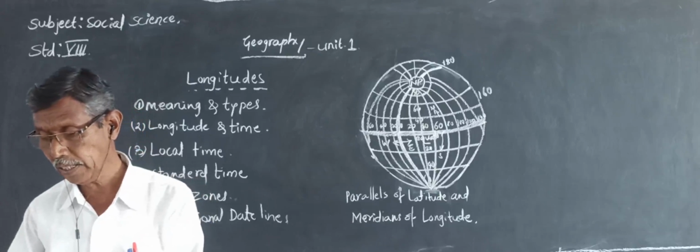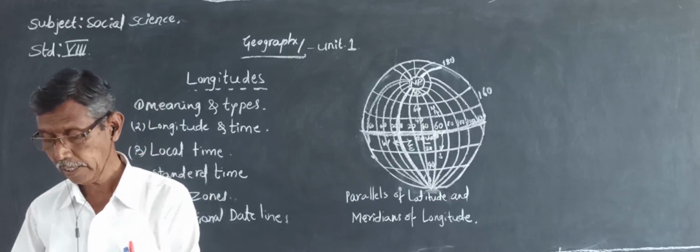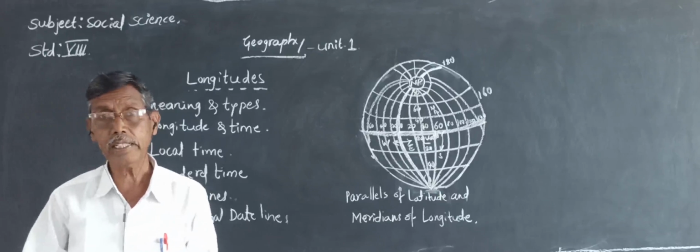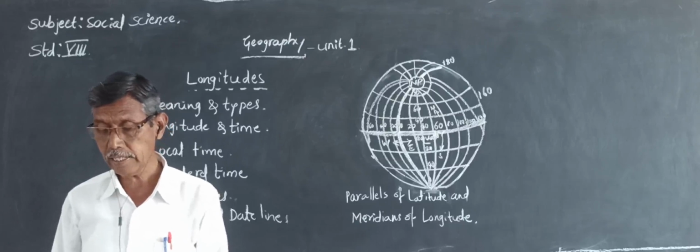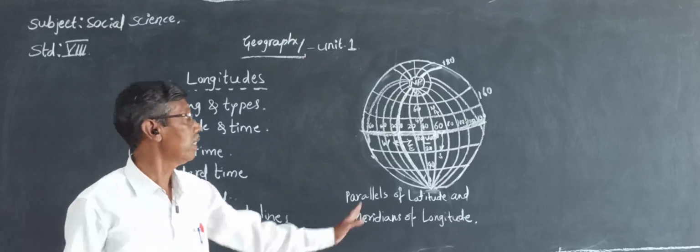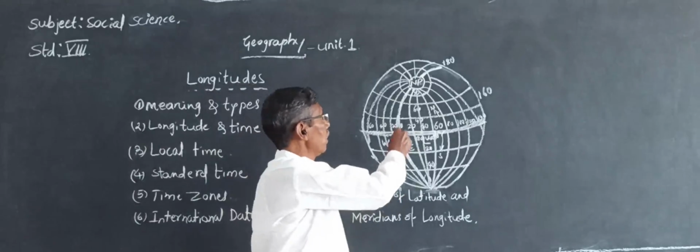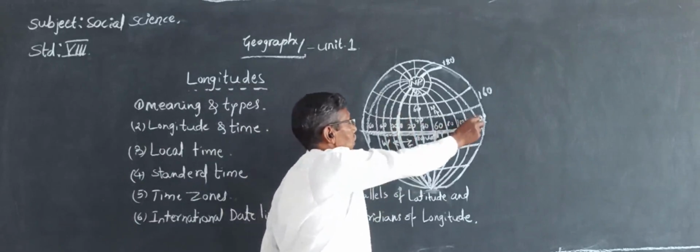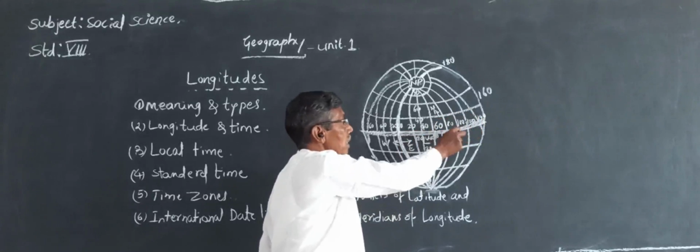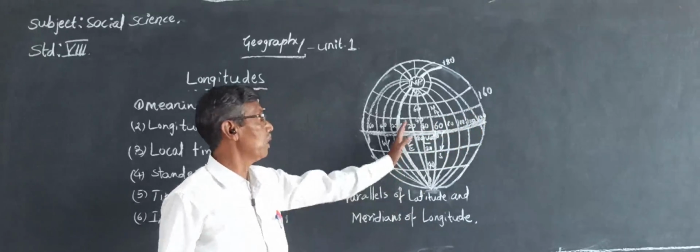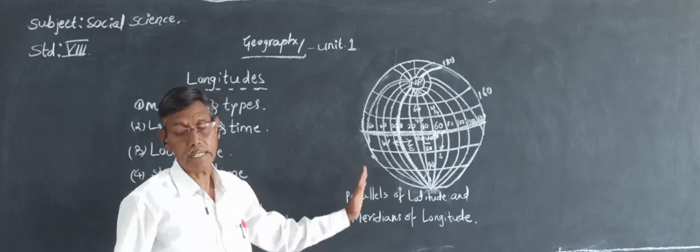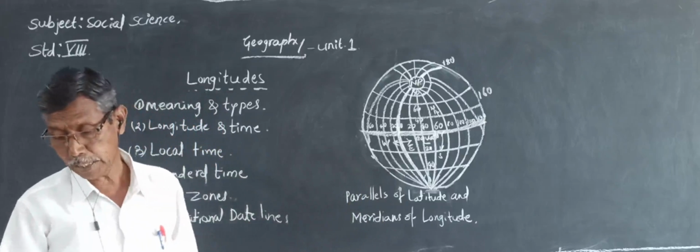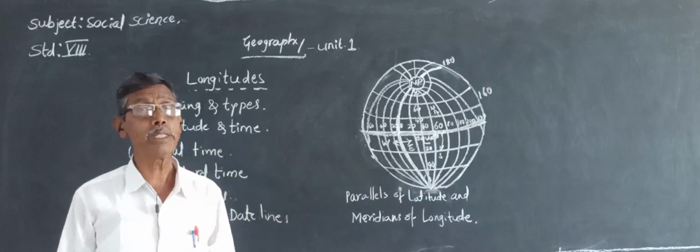The zone between the prime meridian and 180 degree east longitude is called the eastern hemisphere. Here, this part from Greenwich eastward is called the eastern hemisphere. And opposite of that is the western side, westward. It is called the western hemisphere. So these are the two hemispheres.